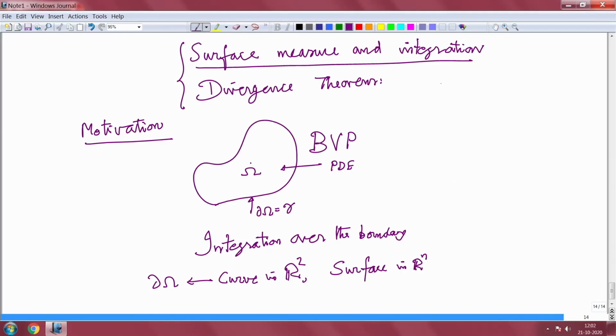If you look at the Lebesgue measure, let me quickly recall what the Lebesgue measure is. You need a measure to integrate. Let us start with R1.